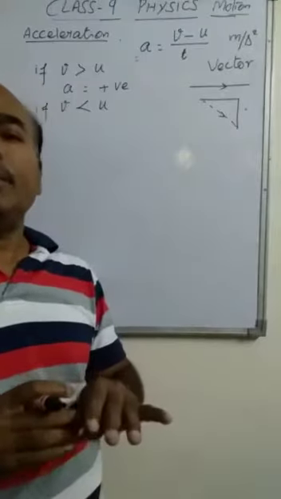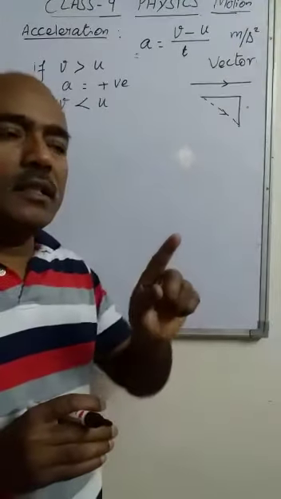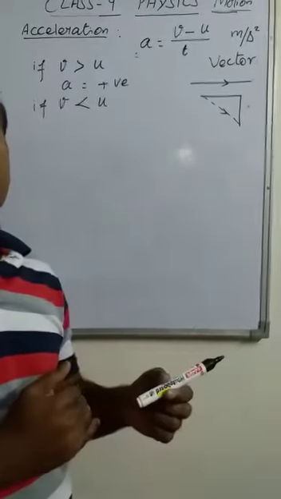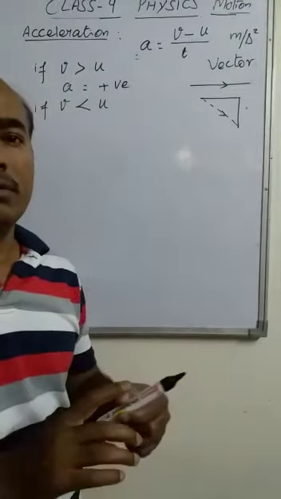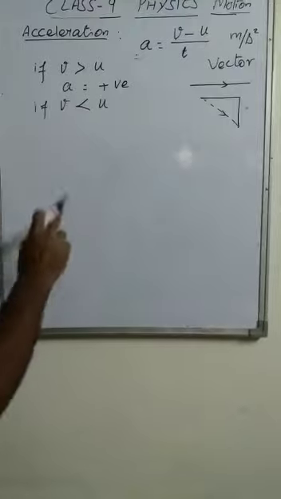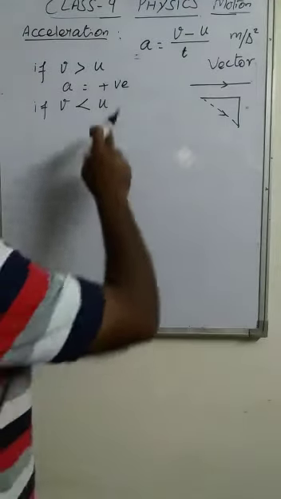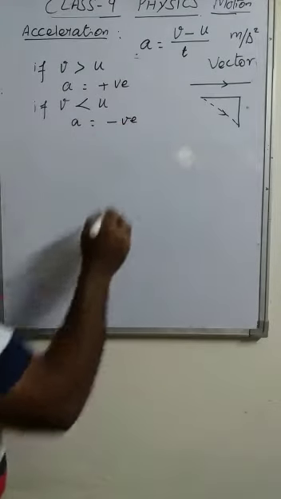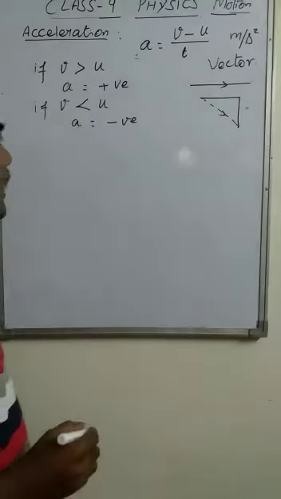While you apply the brakes, you can see the needle in the speedometer gradually comes down, towards zero. So in that case, the final velocity is less than the initial velocity, and the acceleration is negative. So the acceleration may be positive or negative.